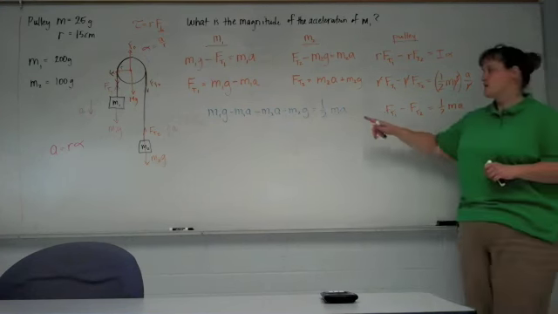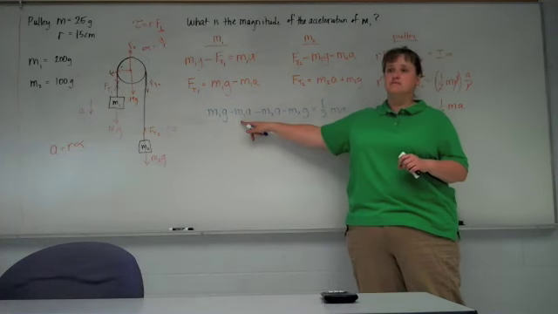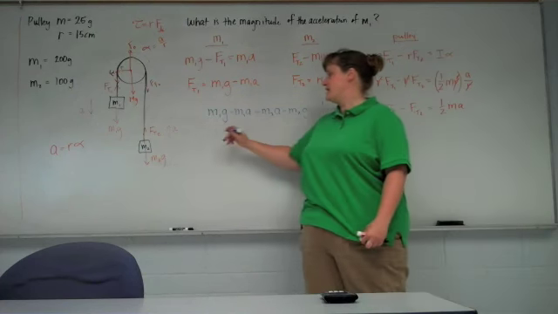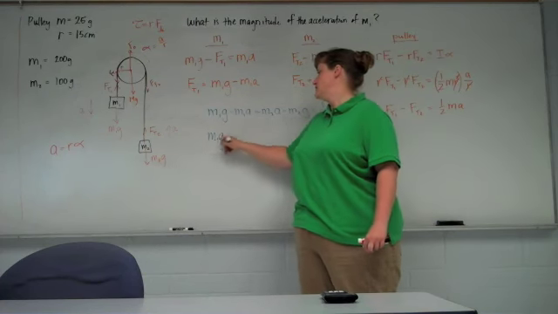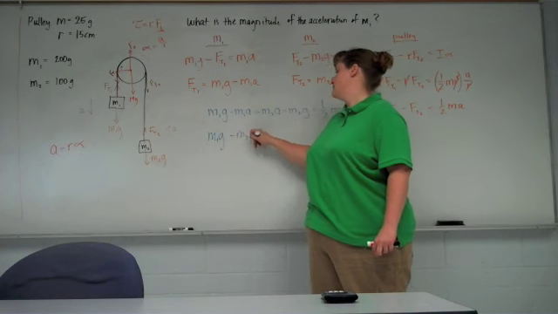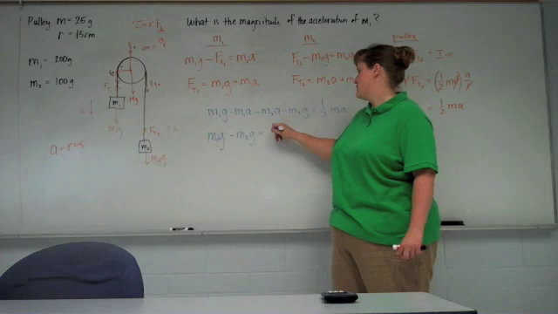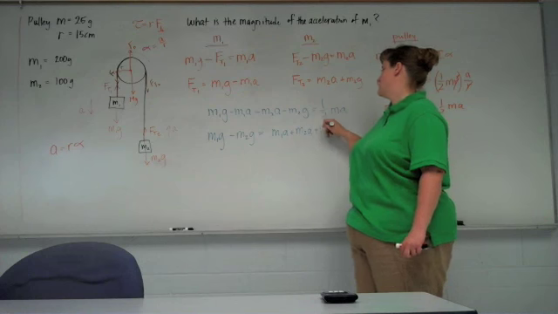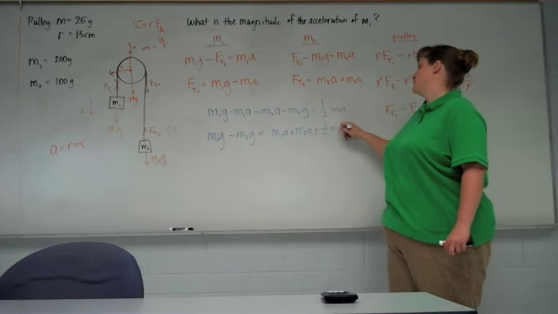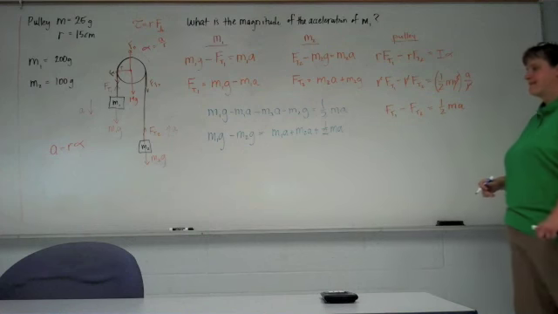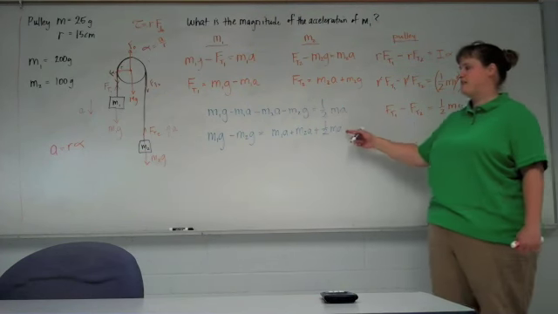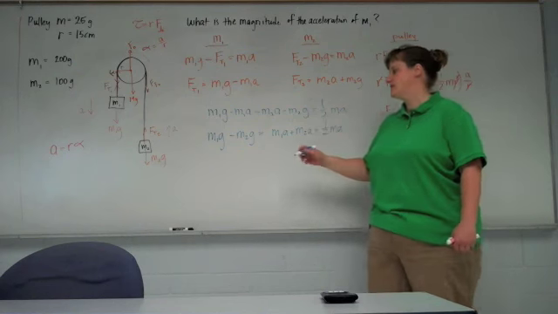So the A's here are all the same. So let's get them on one side. We can factor the A out and then divide.